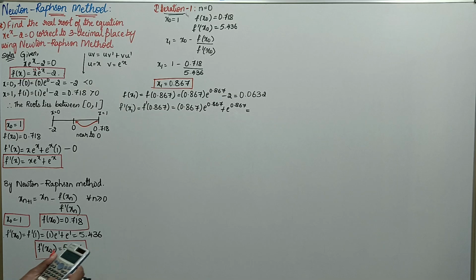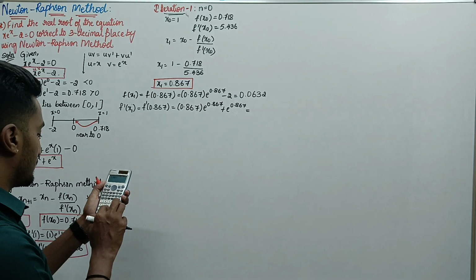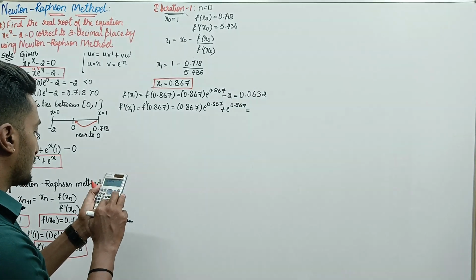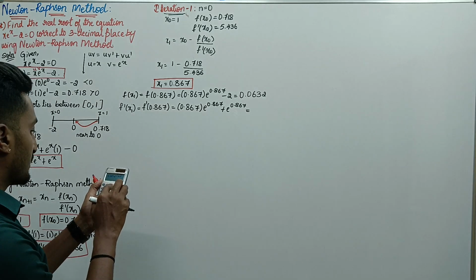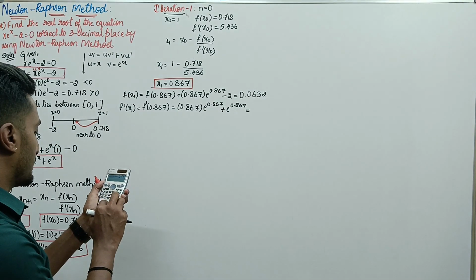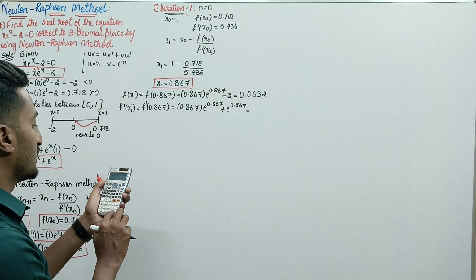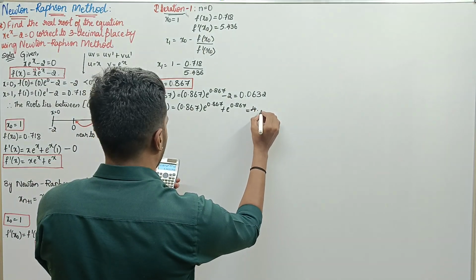Now let us simplify: 0.867 into e to the power of 0.867, next plus e to the power of 0.867. You get 4.443.